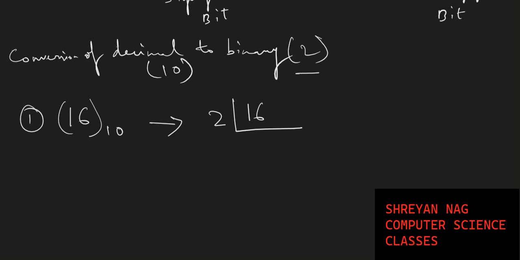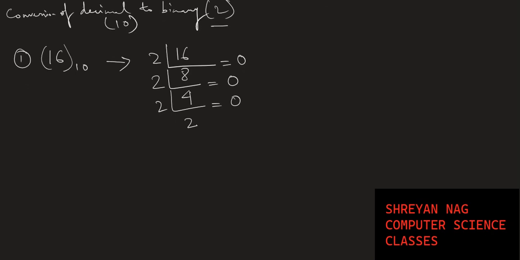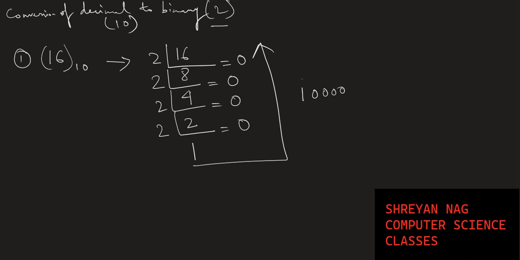So 2 8s are 16, remainder 0. 2 4s are 8, remainder 0. 2 2s are 4, remainder 0. 2 1s are 2, remainder 0. Now writing from the very bottom to top, 1 then 4 zeros represent 16 in binary form.